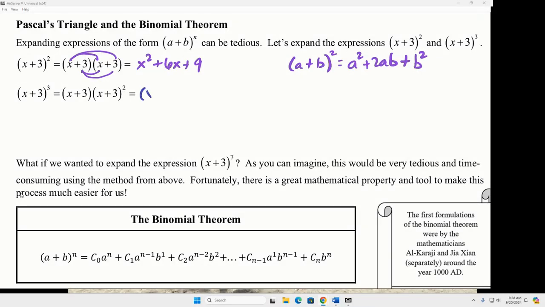What you would have to do is multiply what we just got by another x plus 3. And that involves distributing the x 3 times, distributing the 3 times, and then combining your like terms. But I'm going to show you a shortcut.